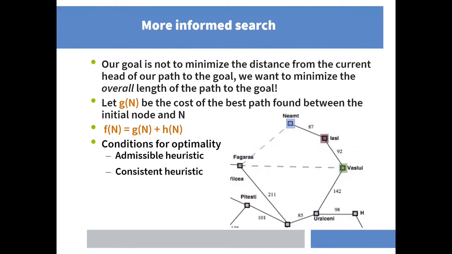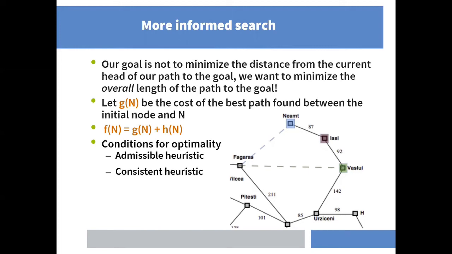Therefore, our goal is not to minimize the distance from the current head of our path to the goal, but to minimize the overall length of the path to the goal. We learned previously that g(n) gives the path cost from the start node to node n, and h(n) is the estimated cost of the cheapest path from n to the goal.